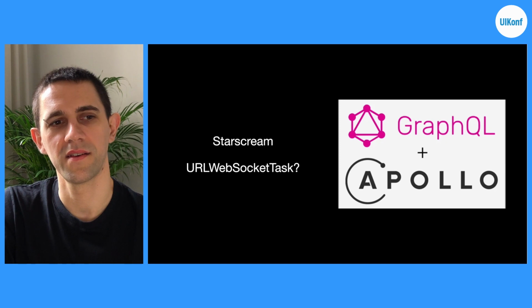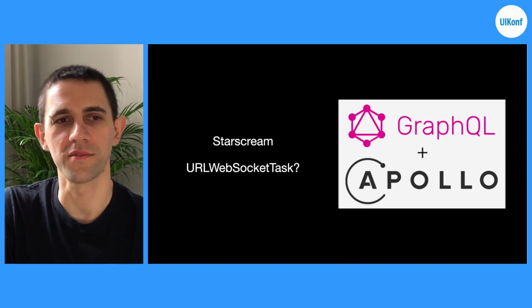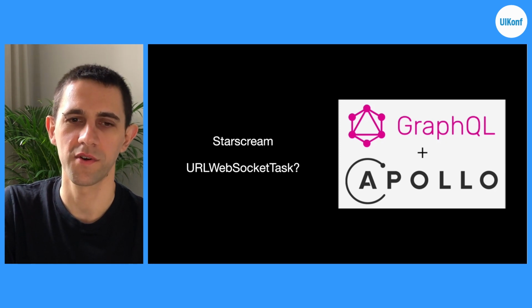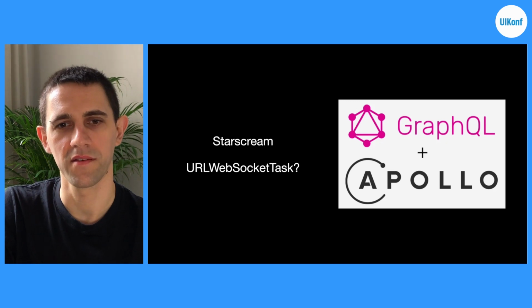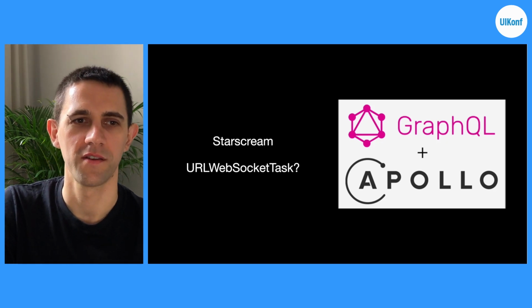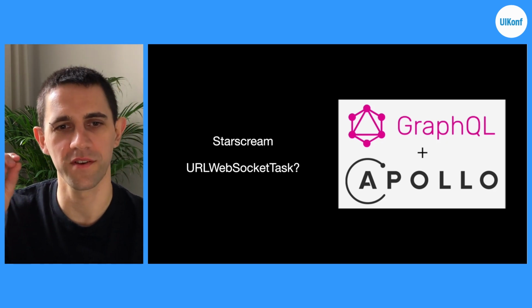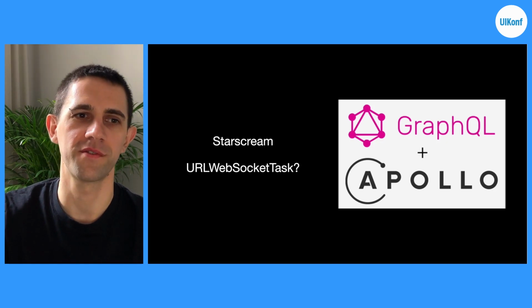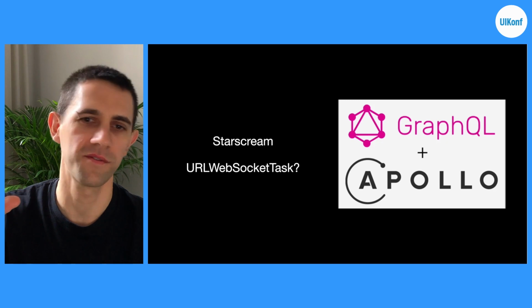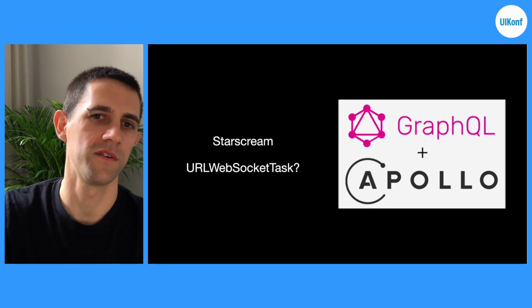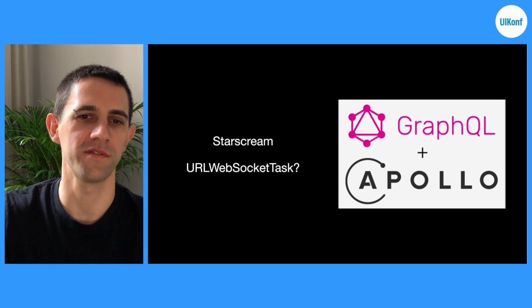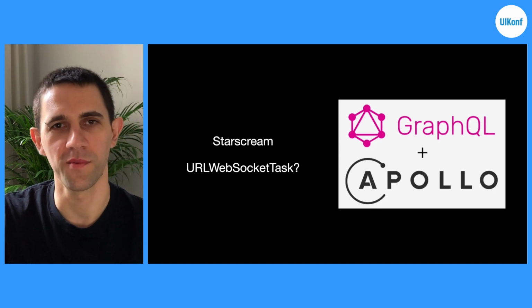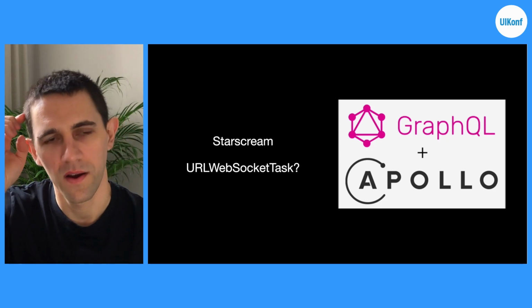And now I want to mention GraphQL. One of the hidden gems of GraphQL is subscriptions. It means that you can subscribe to just tiny bits of updates from the server. Let's say you want to be notified when a user changes their username, for instance, and you can subscribe only to that part.